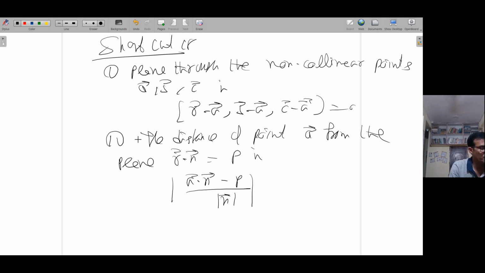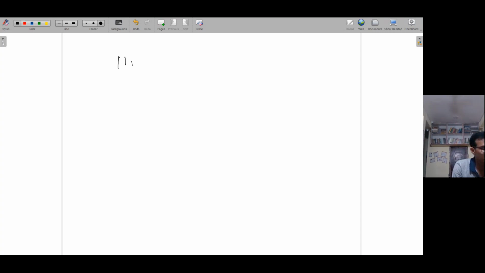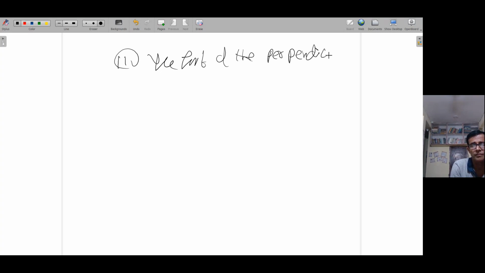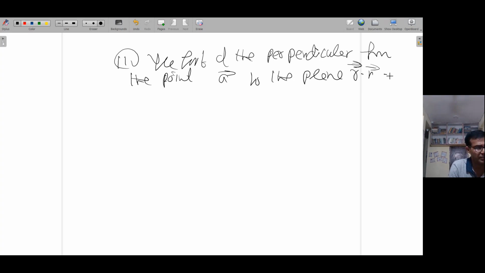That was the distance. Now the third part of this: the foot of the perpendicular from the point A vector to the plane R vector dot n vector is equal to P is A vector minus (A vector dot n vector minus P) n vector by n vector dot n vector.